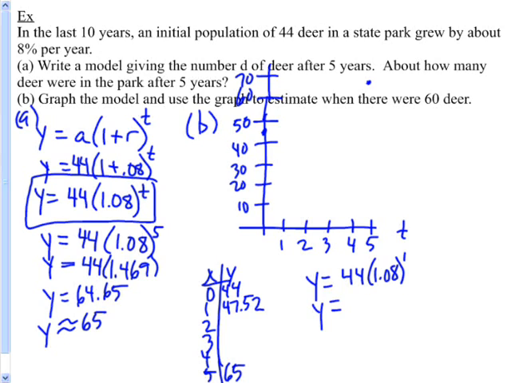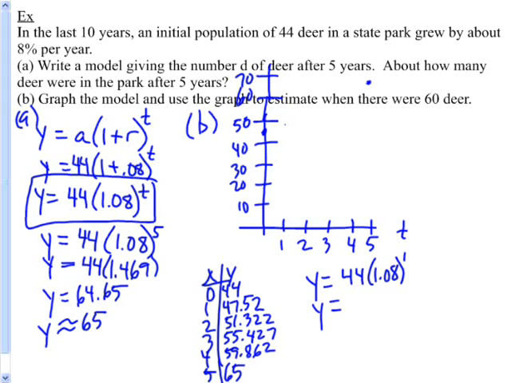Punch in 2, 1.08 to the 2 times that 44 in front, 51.322. Punch in 3, 55.427. Punch in 4, 59.862. Let's graph all these points now.